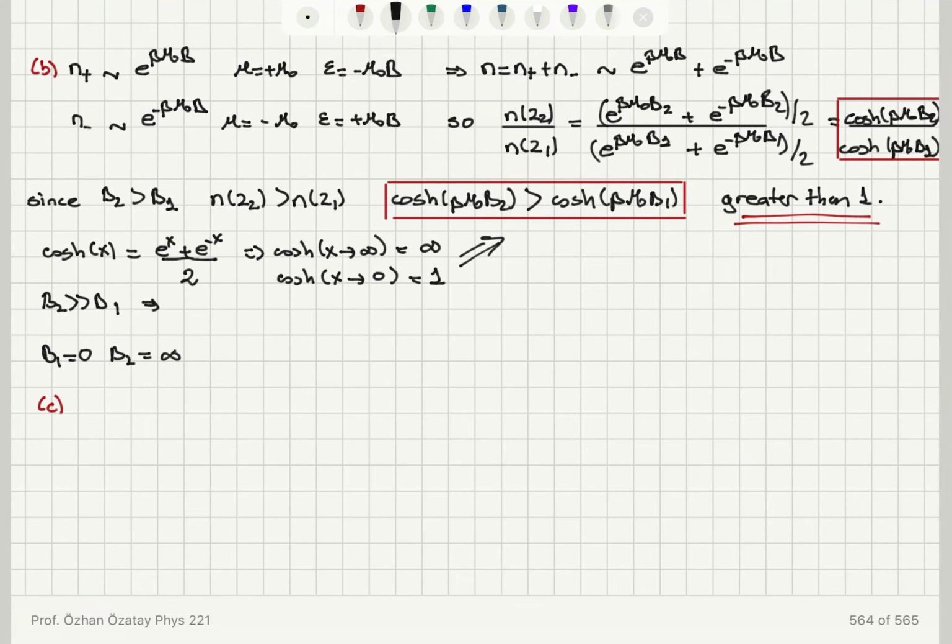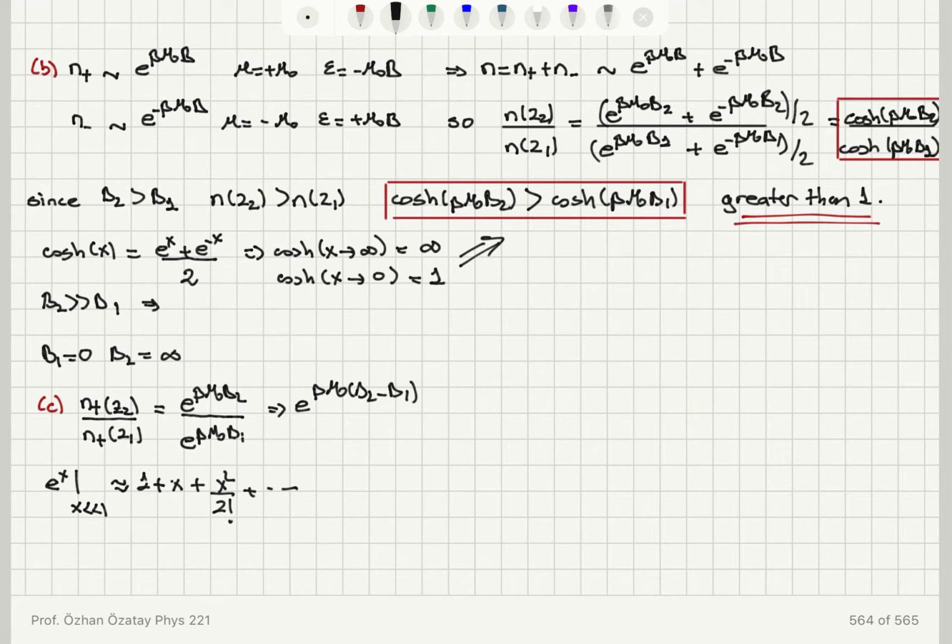Okay, so the part A answer was n plus z2 divided by n plus z1 is e to the beta mu 0 b2 divided by e to the beta mu 0 b1, and I know that e to the x for x much less than 1 is approximately 1 plus x, plus x squared over 2 factorial, etc. So if I use the first approximation here, the ratio would give me e to the beta mu 0 (b2 minus b1), and assume that beta mu 0 (b2 minus b1) is much less than 1, or mu 0 (b2 minus b1) is much less than kT.